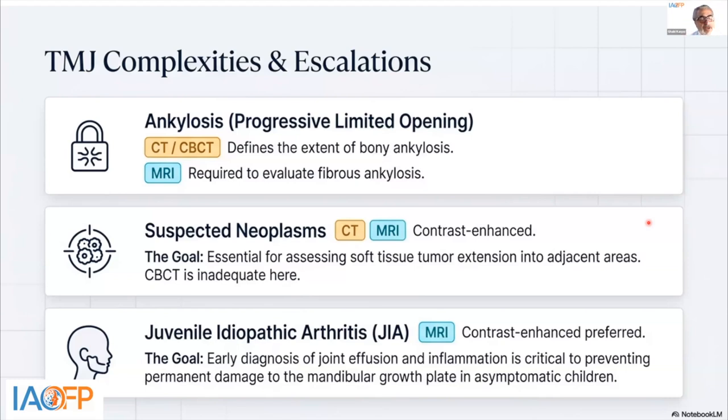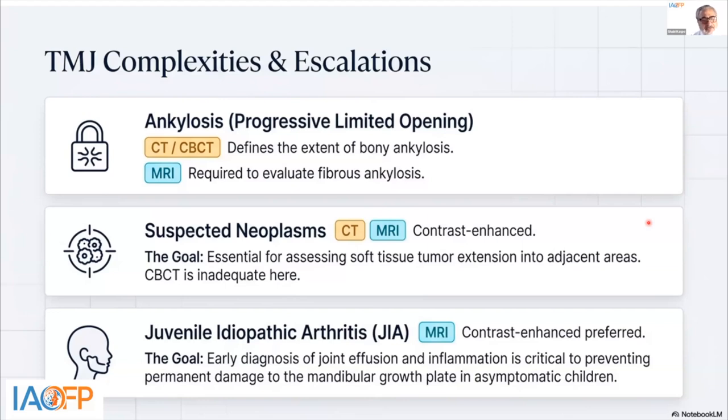In orofacial pain practice, I'm sure we all get referred young patients, juveniles, adolescents, or children, for jaw pain from orthodontists or pediatric otolaryngologists. So we have to decide what to do. We do CBCT in my practice just to get an idea, especially if they have pain or crepitus sounds in the joints.